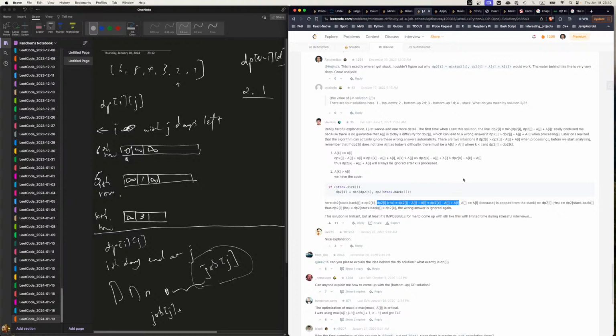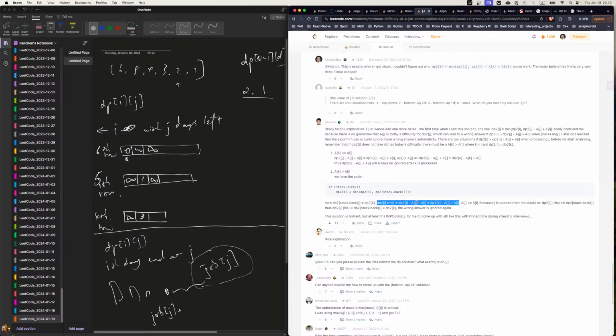I think this is saying if we keep using the wrong answer, because we know these answers are wrong. So we're using the wrong answers. aj is smaller or equal to ai, then dp2i shall be larger or equal to, because aj is smaller or equal to ai, so this value is larger than this.